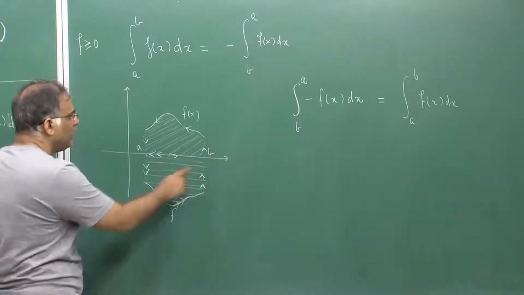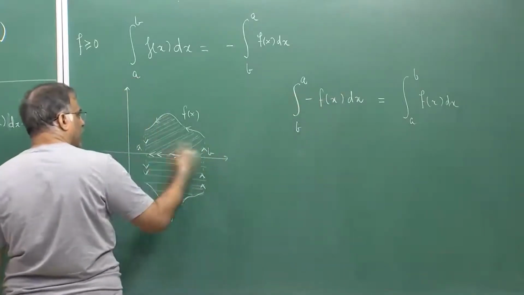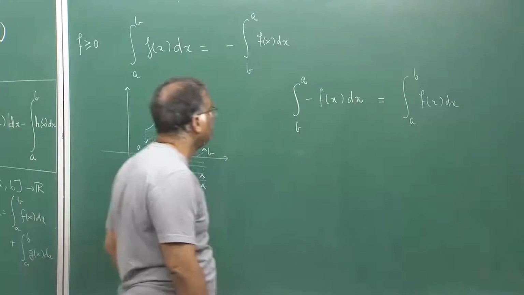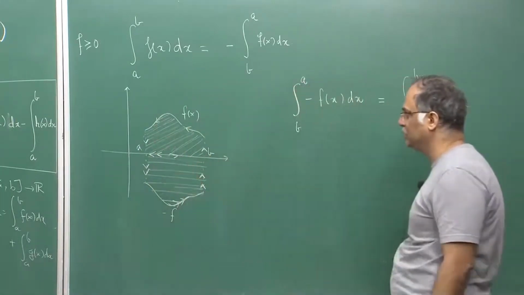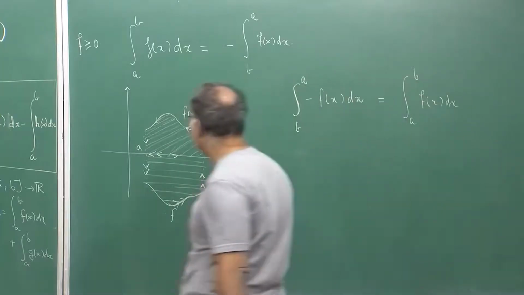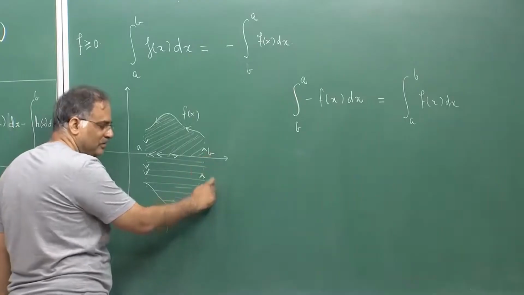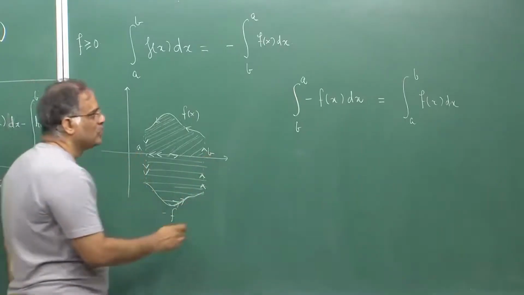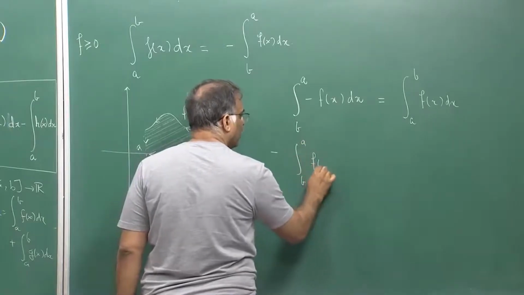Now this is a non-negative area in the way I have given. So what would be the negative of this area? Negative of this area would be walking in the clockwise direction. So if you are walking in the clockwise direction, you will actually go from A to B.